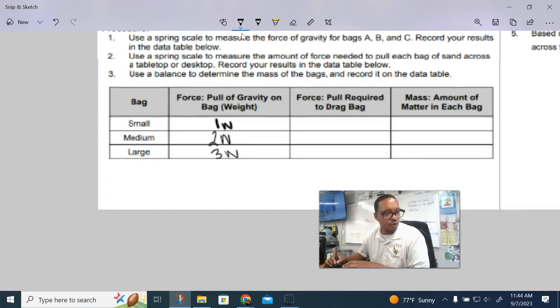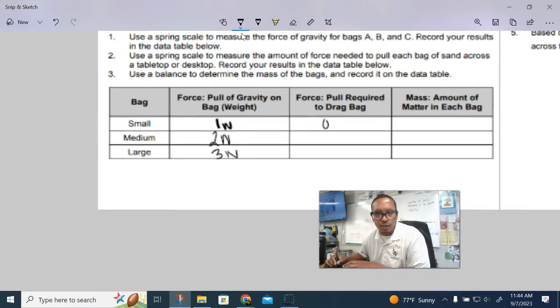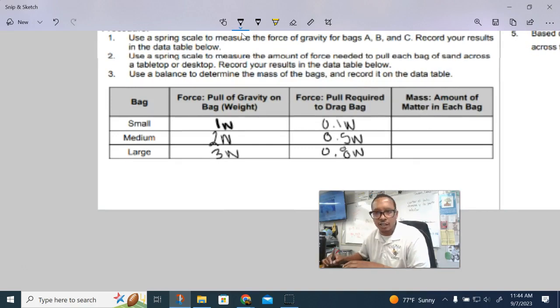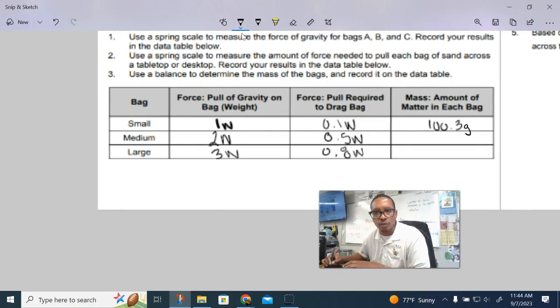Okay, for sure. And then this one right here, we got 0.1 newtons. Okay, then we got 0.5 newtons. All right. Cool, and then this one was 0.8 newtons. All right, and then this last one was 100.3 grams. Okay, this last one was 198.9 grams.